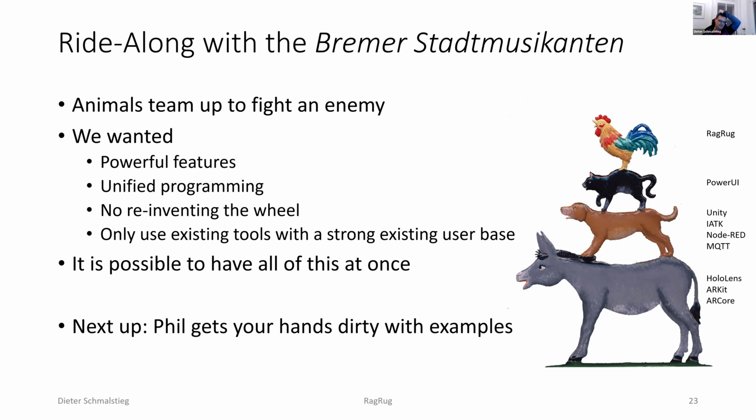I've roughly labeled the software infrastructure on the right-hand side of the animals that we're using here. What we wanted was to have lots of powerful features, have a unified programming model for it all, not reinvent any wheels, at least not the big ones, and also, and that's actually a hard challenge, only use existing tools with a strong existing user base, not use any obscure open source libraries, which are then discontinued next year.